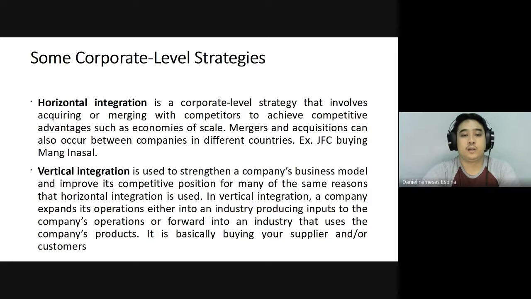So later you decided nga ikaw na lang ang magbuhi sa or paliton nimo ang isa sa imong supplier of pigs. So paliton nimo iyang business so that ikaw na mismo ang naay control how to as to the supply of the pigs. So you invest in that business para maka-benefit ang imong other business.